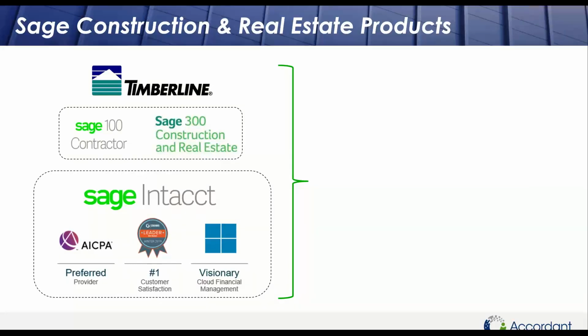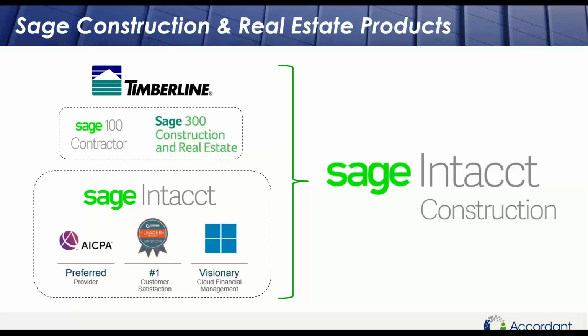But over the years, those have been renamed or rebranded in the marketplace as Sage 100 Contractor and Sage 300 CRE. These two products inspired Sage Intacct product managers to add unique construction capabilities to the Sage Intacct platform.